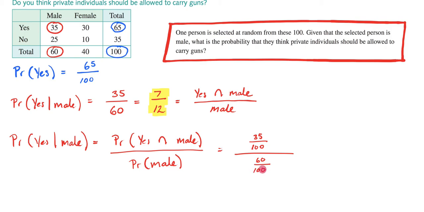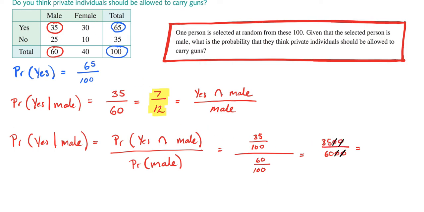And hopefully you know how to manipulate fractions when I'm dividing two by each other. What you're going to do is go 35 times this 100, which is going to leave us with 35, 2 zeros on the end. And then we're going to go 60 times this 100, which is going to give us 60 with 2 zeros on the end. Then we can simplify this by getting rid of these zeros.